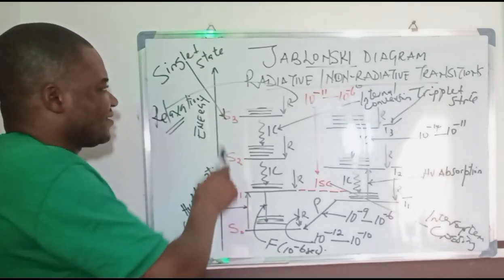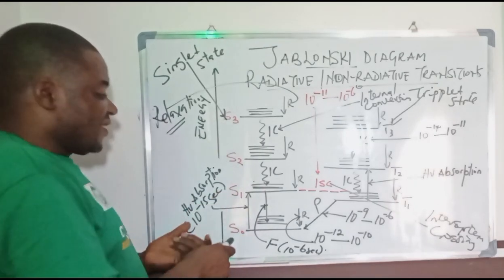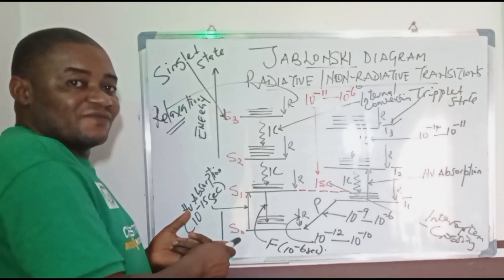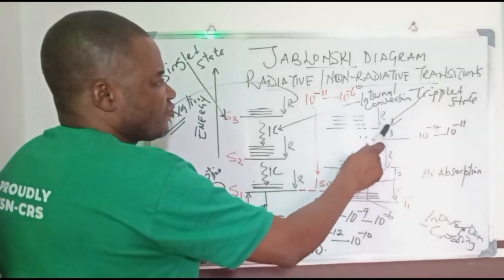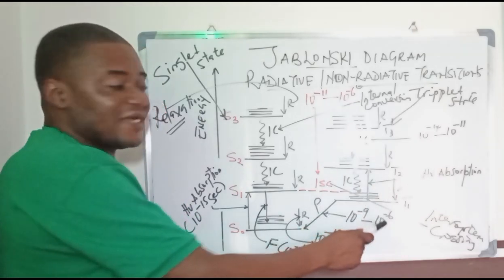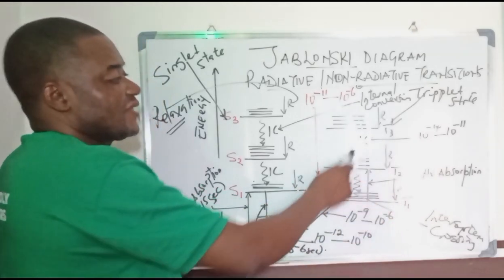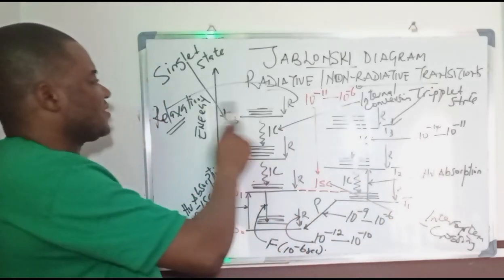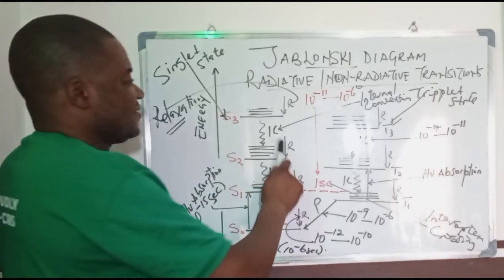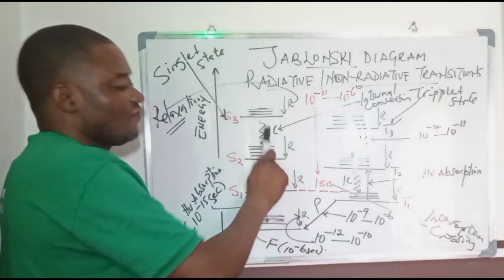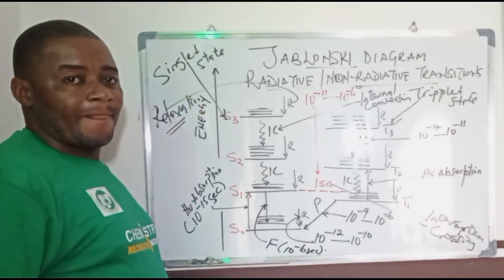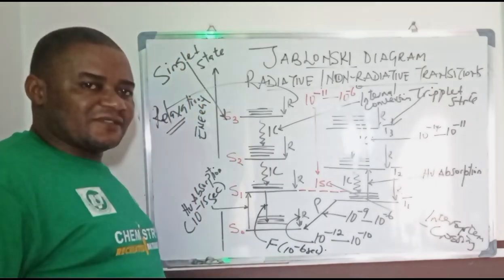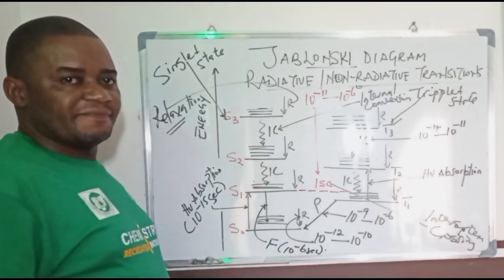S is simply the singlet states, from the ground state energy level for the singlet state, then the first, second, and the T is the triplet state, beginning from the ground state to the first energy level up to the third energy level. The arrow means relaxation, and then the IC means internal conversion, where the ISC simply means intersystem crossing. And we're going to see the impact of these things we are talking about here.